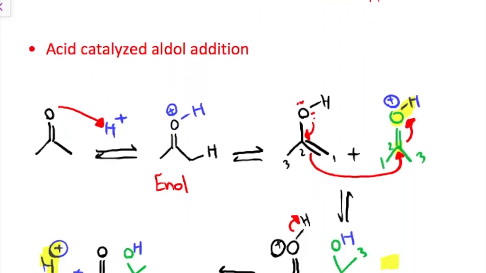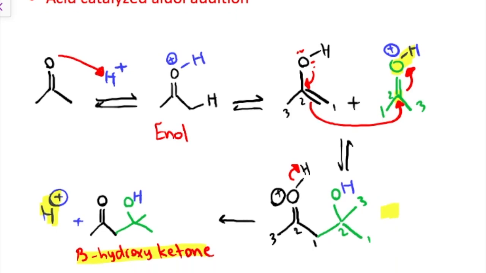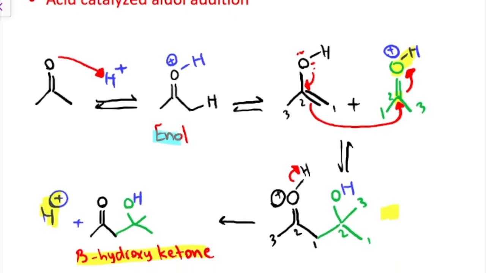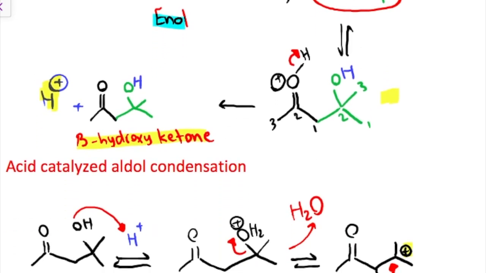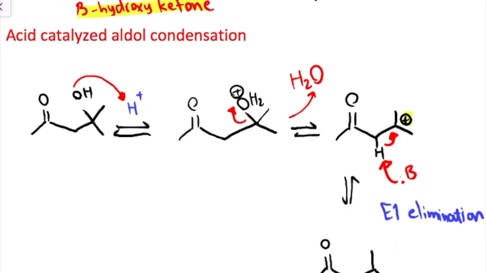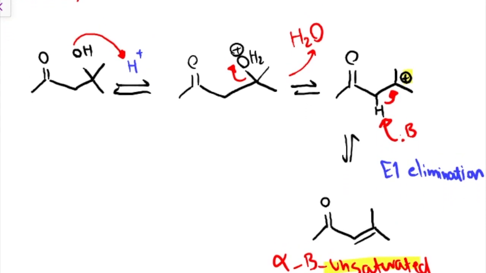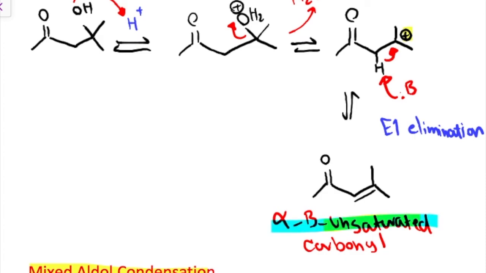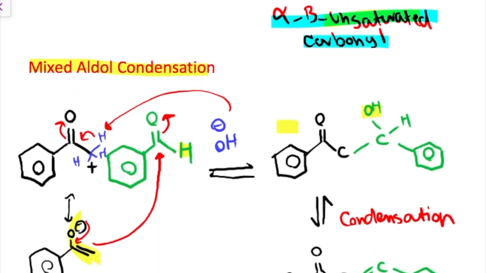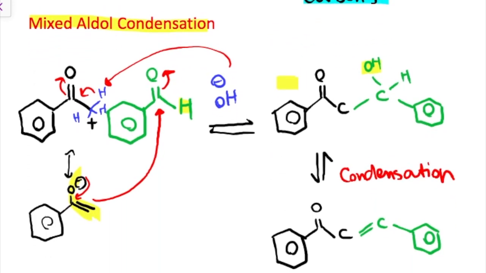We also talked about acid-catalyzed aldol addition. In this case, we form an enol, and the enol is going to be our nucleophile, giving us a beta-hydroxyketone. Under acidic conditions, it's much easier to get the condensation product, or alpha-beta unsaturated carbonyl compound, and this happens through elimination. We talked about mixed aldol or crossed aldol reactions using two different carbonyl compounds.